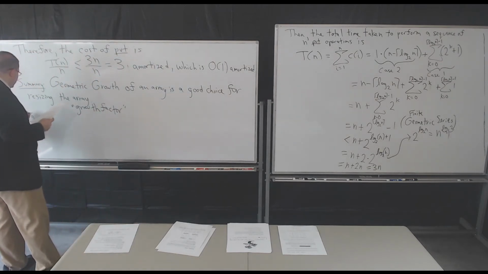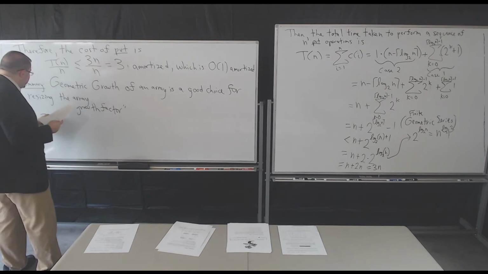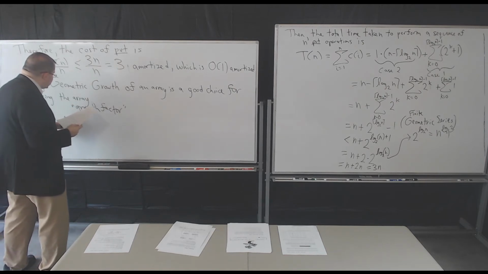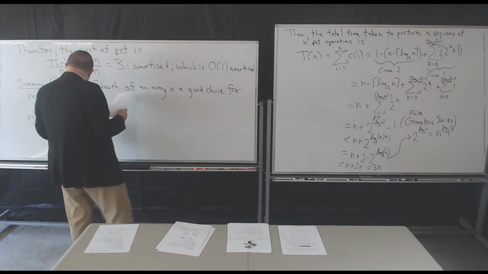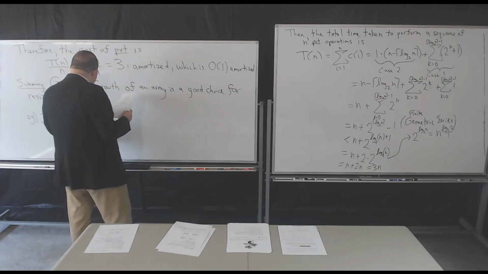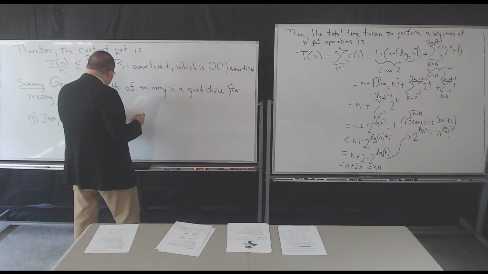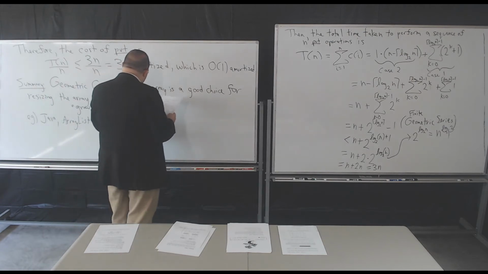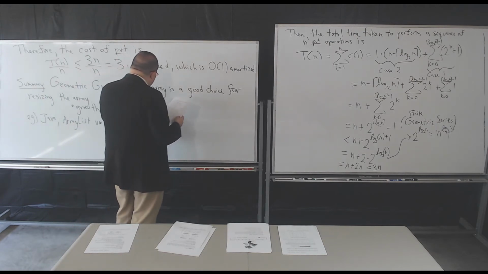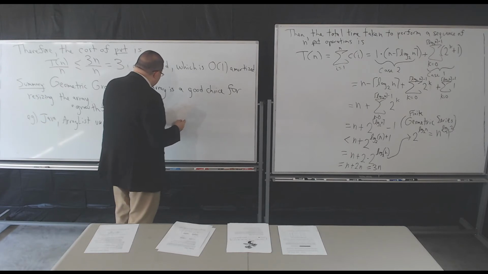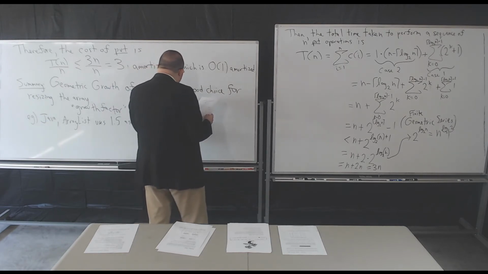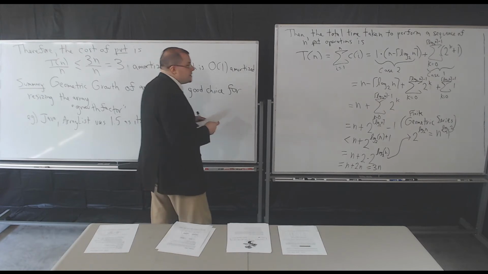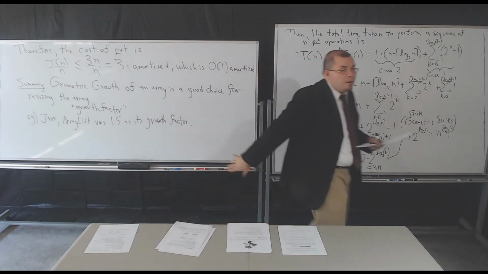So for example, in Java, if you use the ArrayList class, at least as of the time of this video, ArrayList uses 1.5 as its growth factor. So if you're using an ArrayList in Java and internally it gets full, what it does is it grows by the growth factor of 1.5.